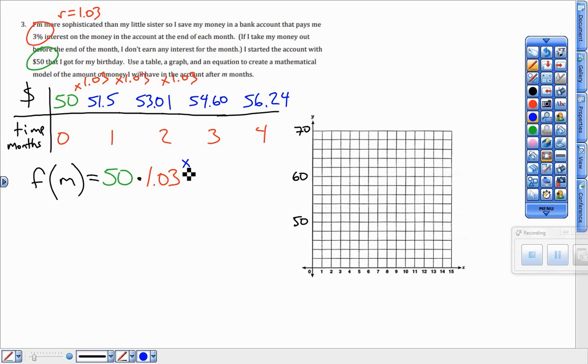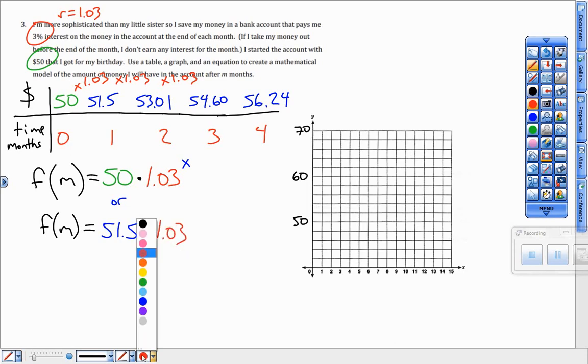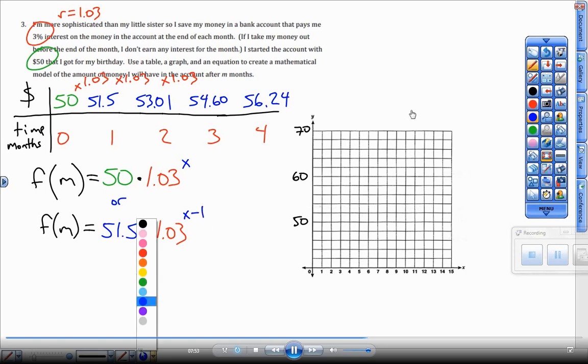Or I could use the first term, 51.5, times 1.03 raised to the x minus 1 power. Either of those explicit equations will match this data.